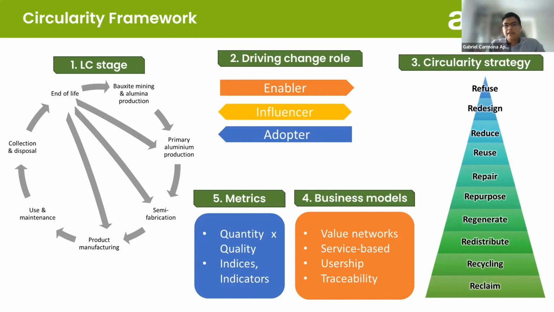The 4 elements are the business model, where we have how we can work value networks or more service-based approaches, and how can we increase traceability and transparency, which within the business models and the data that I'm sharing within all those actors of the life cycle stages. And finally, what you don't measure, you cannot improve. It's the metrics. How can we actually assess that performance, not just in terms of quantity, but also in terms of the quality of the strategies, and then we will have indicators and indices.